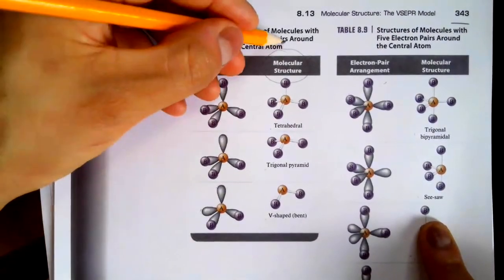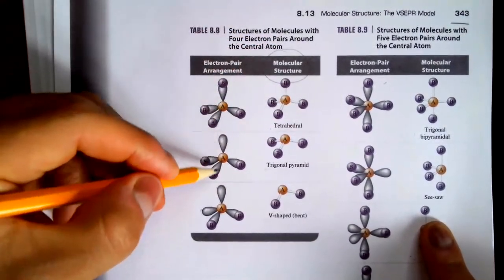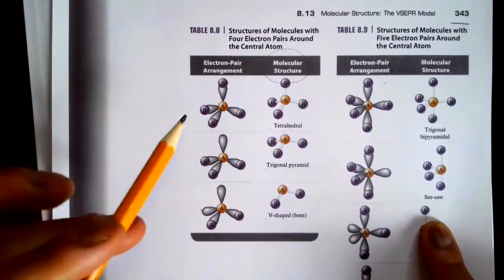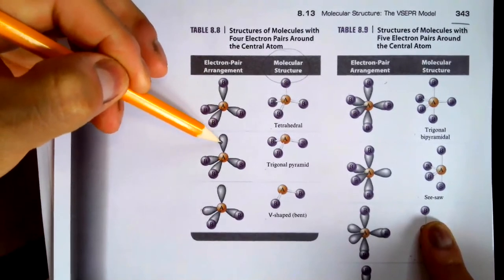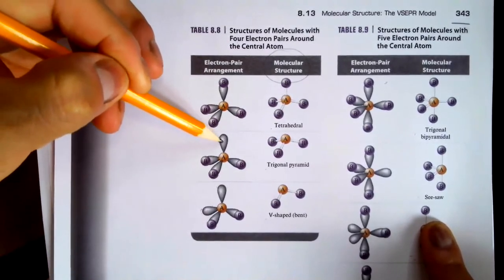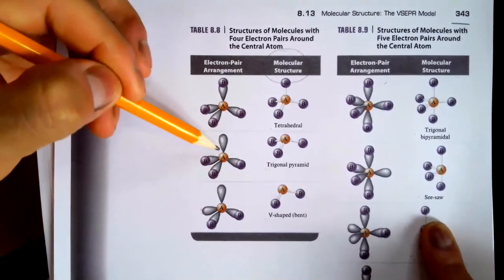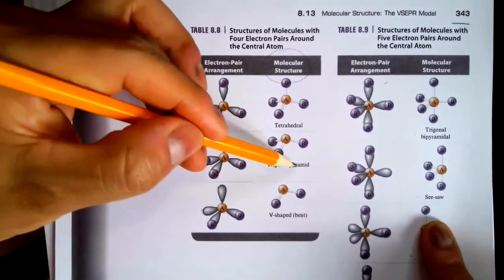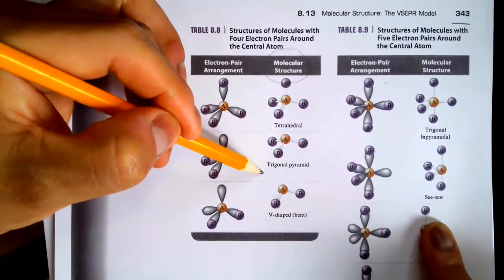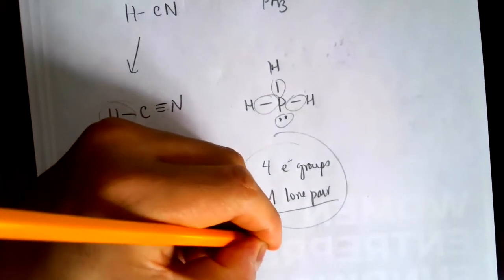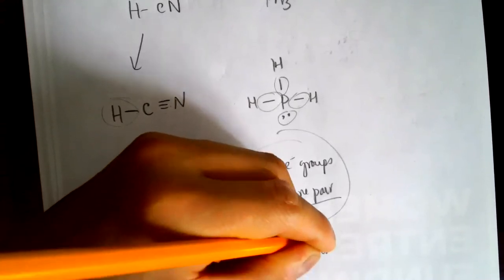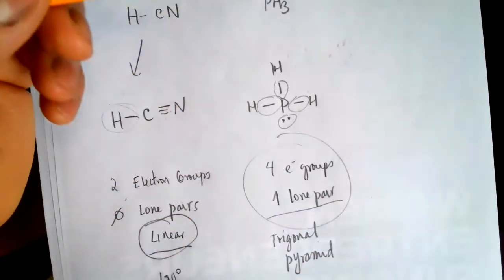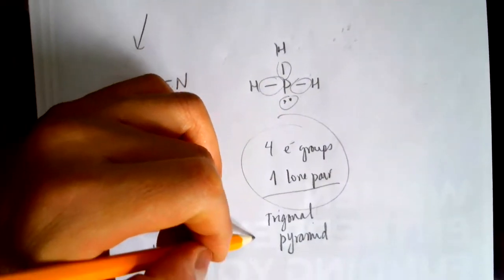I have 4 electron groups, but out of the 4 electron groups, I have 1 lone pair. You see this empty balloon? That means this is a lone pair. You have 4 electron groups, 1 lone pair. The geometry should be trigonal pyramidal. They call it trigonal pyramid, but normally, when I was a student, they called it pyramidal. It doesn't matter. Trigonal pyramid.